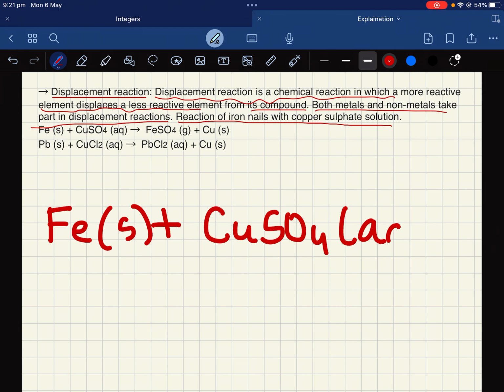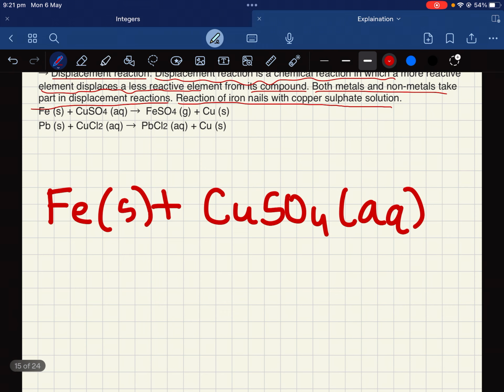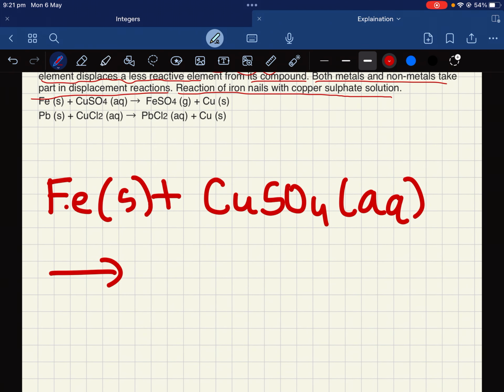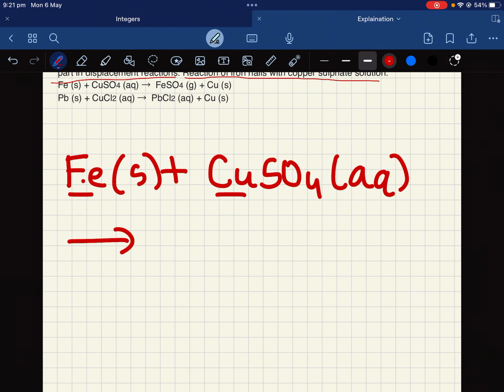We will denote it by AQ. This reacts to become, since iron is more reactive than copper, iron displaces copper and it becomes ferrous sulfate plus copper.